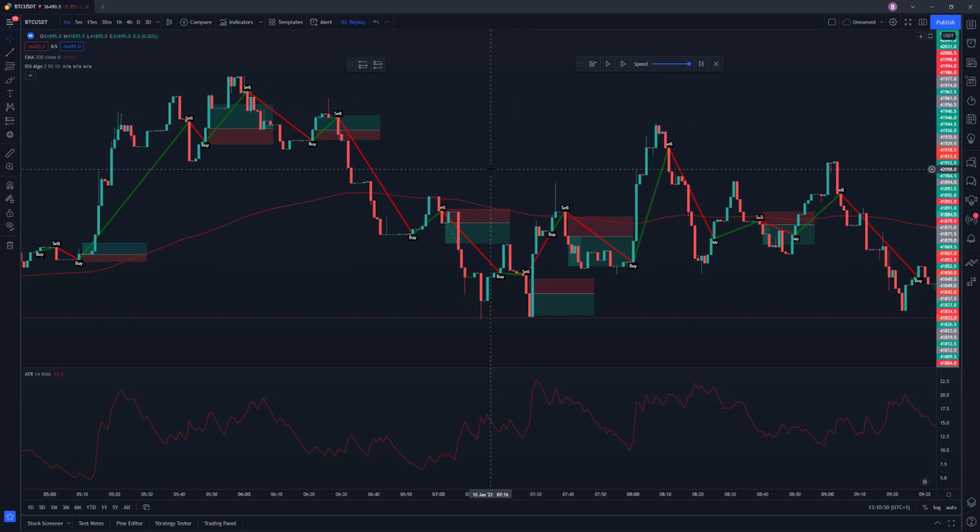But I think this strategy can be improved a lot, and that is by going one time frame higher. That's going to the 3 or 5 minutes, and don't set your stop loss exactly on the ATR, but also look towards your last swing high or swing low, and then also check your ATR.